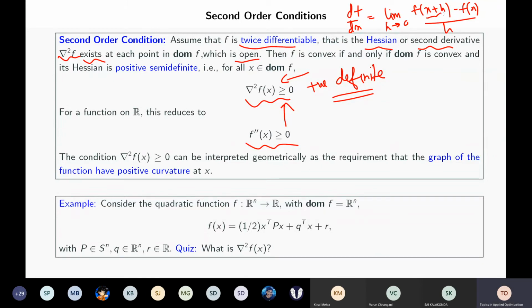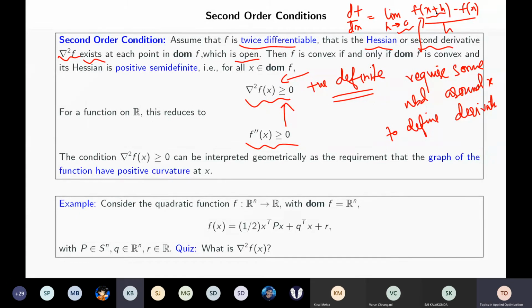Now, to make sure that this limit makes sense as h tends to 0, we need at least some neighborhood around x. This means we require some neighborhood around x to define the derivative. Only then can I do x plus h.